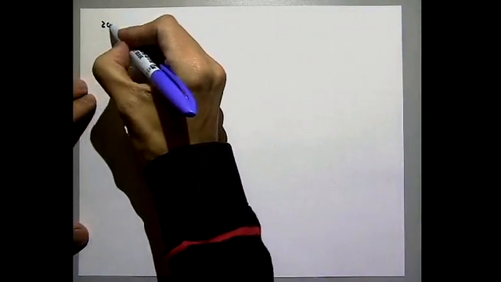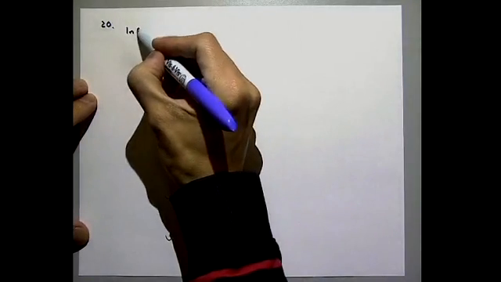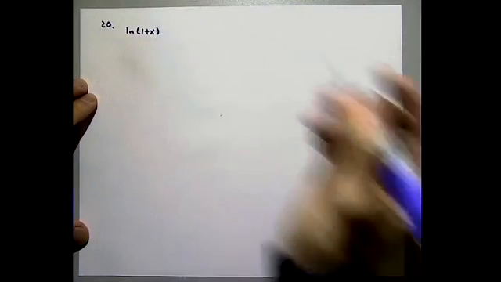Next one, according to the survey, is number 20. Oh, this is a fun one, too. Okay, so in number 20, you're given the Maclaurin series of this thing, natural log of 1 plus x.